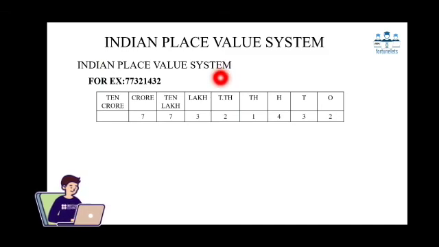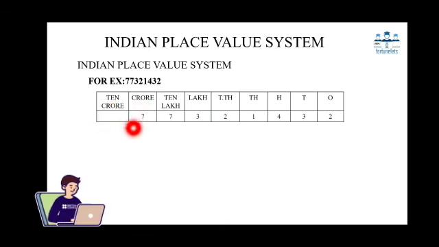In the Indian place value system, up to 10,000 you have learnt in your previous class. Now let's learn about the numbers which are beyond 10,000 and how we will be representing them in the place value table. Ones, tens, hundreds, thousand, 10,000, lakh, 10 lakh, crore, 10 crore.